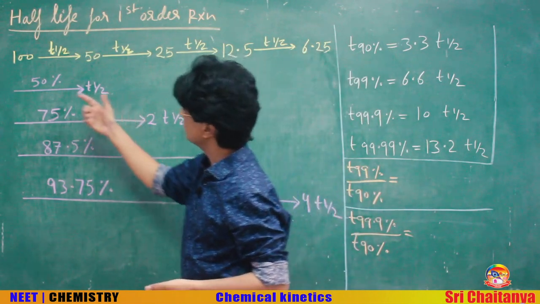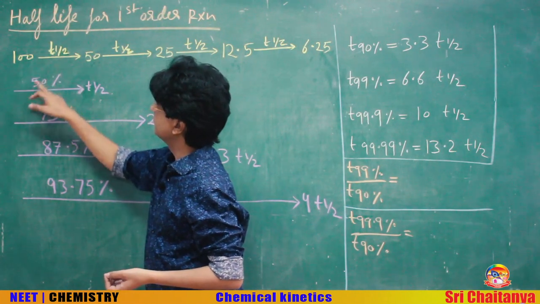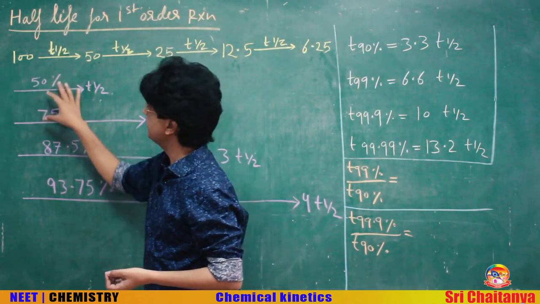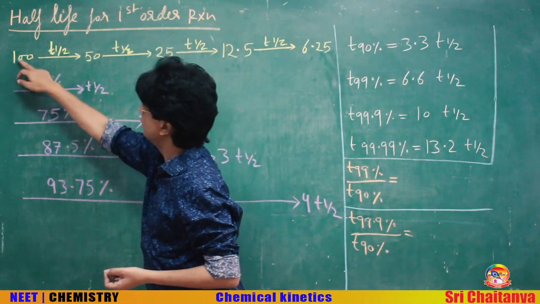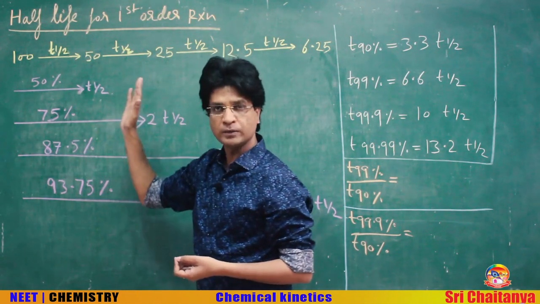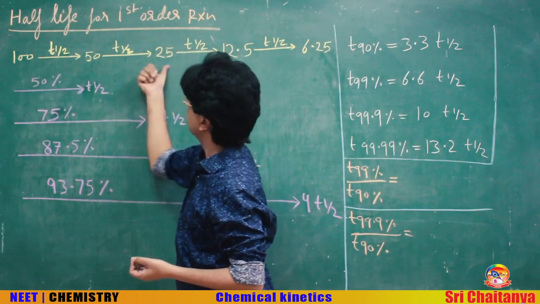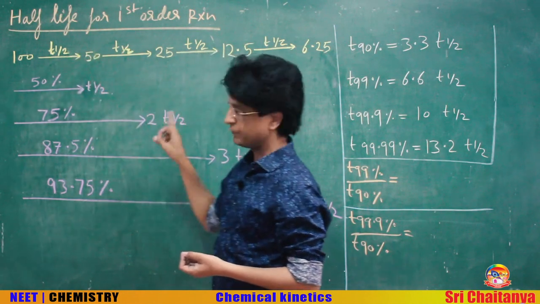Now see, what I am saying is that when I complete one half-life, I have completed 50% reaction. That means 50% reaction will be completed in one half-life. But when I go from 100 to 25, 75% reaction is over. How many half-lives have we covered? We have covered 2 half-lives.